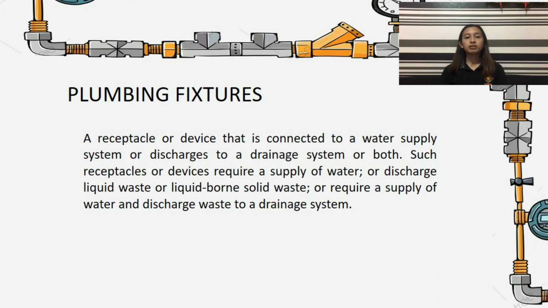Next is the plumbing fixture. So plumbing fixtures are a receptacle or device that is connected to a water supply or discharge to a drainage system. Such receptacles or devices require a supply of water or discharge liquid waste or liquid-borne solid waste.